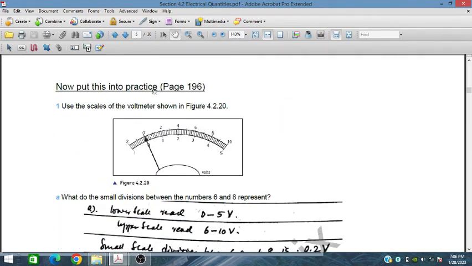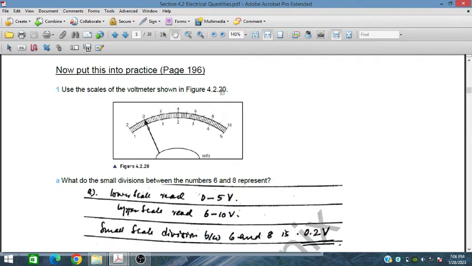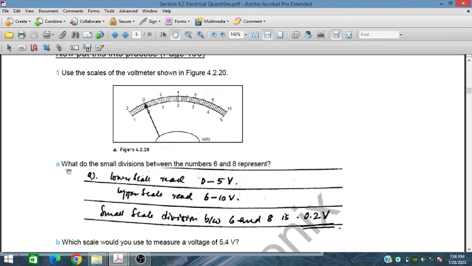Now put this into practice. This is on page 196. Use the sketches of the voltmeter shown in figure 4-220. What do the small divisions between the numbers 6 and 8 represent?